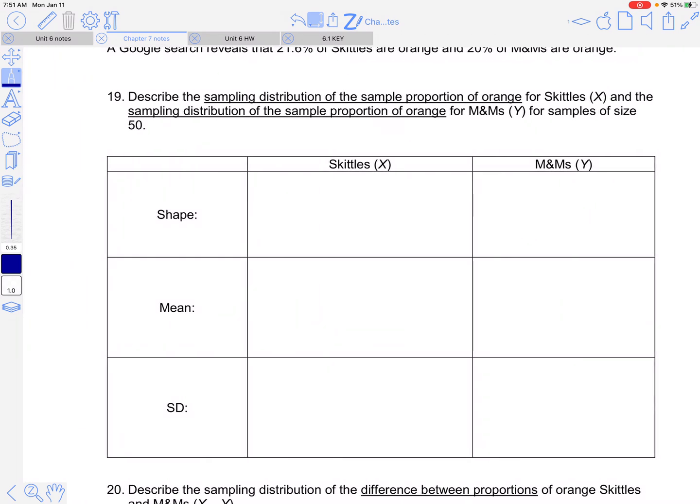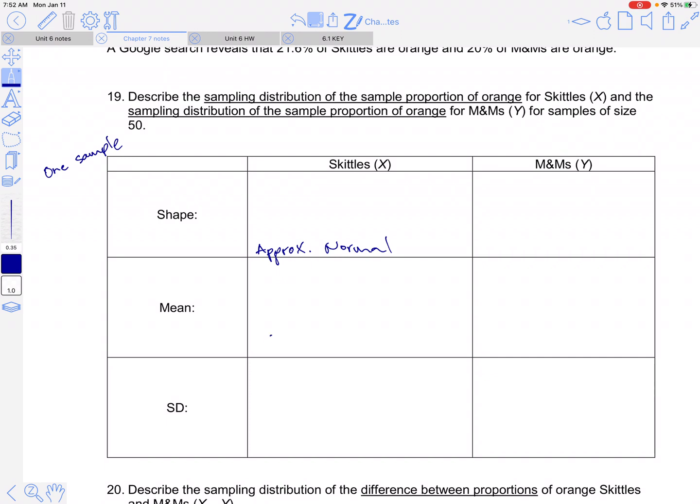So this is saying that you have one sample of each, right? So one sample of Skittles. If I know the true parameter, I can find this shape, okay? And I'm going to tell you it's approximately normal. So I want you to think, if you know the parameter, how are you going to know the shape?